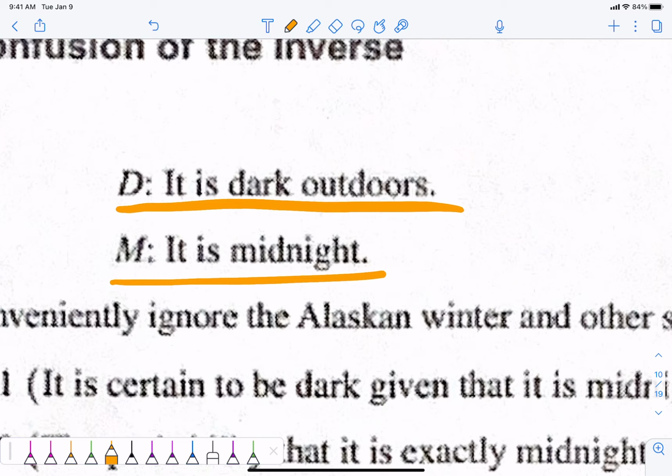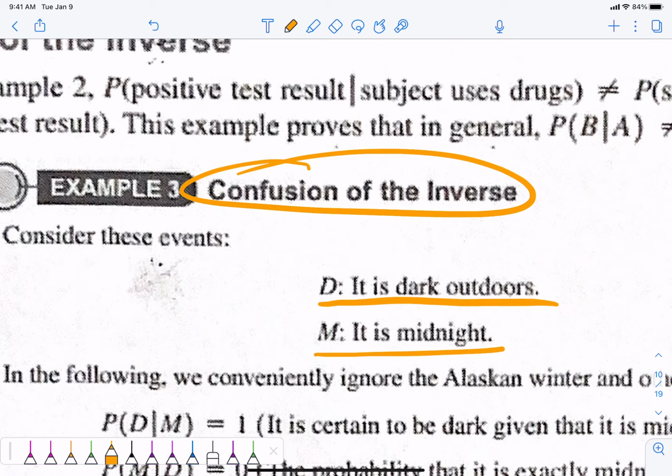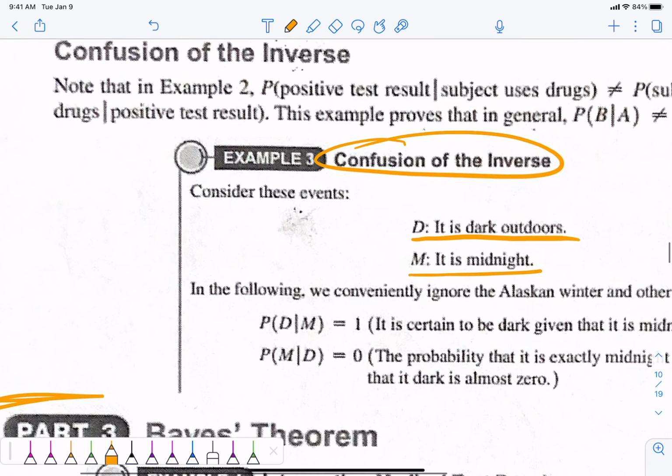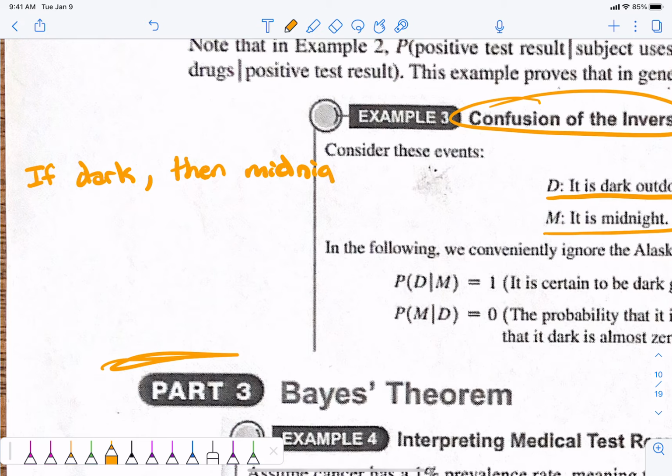So what they're saying to you in this section is the confusion of the inverse, okay? Here's the deal. One way, it's saying if dark, then midnight. If it is dark, then it is midnight.